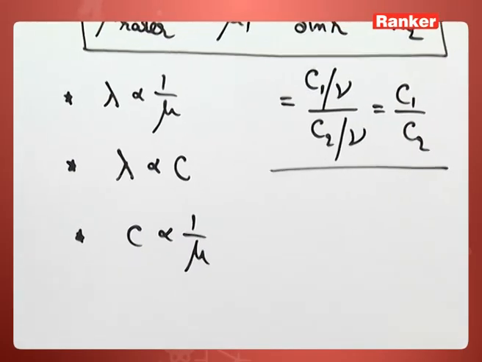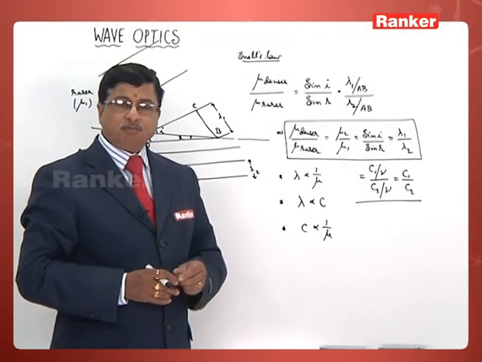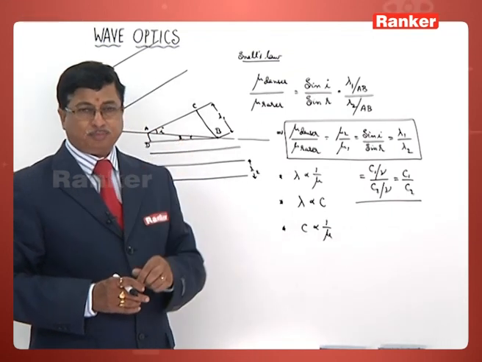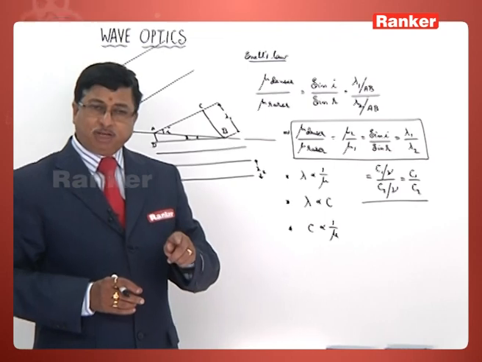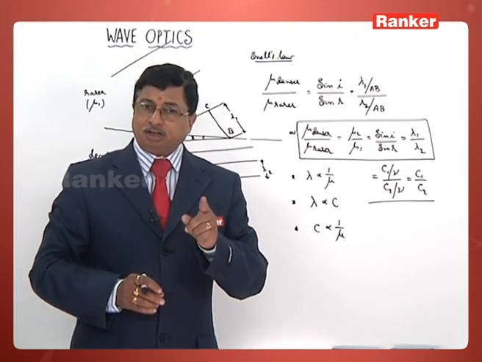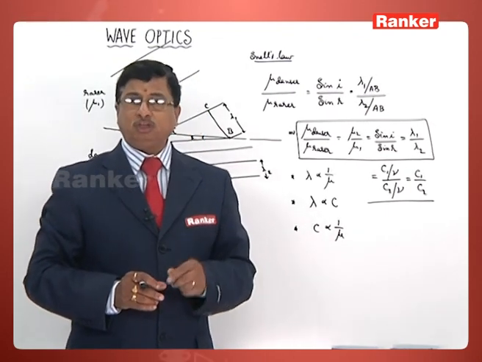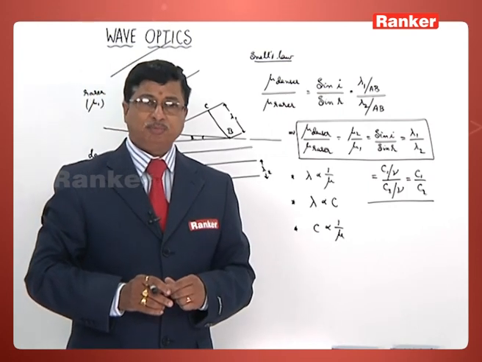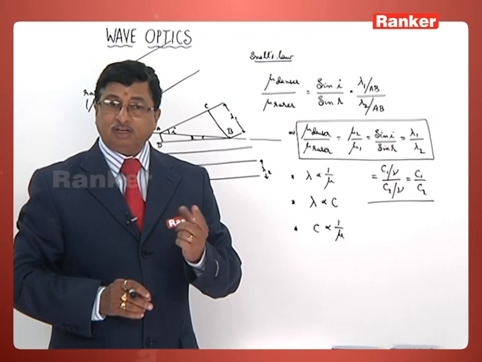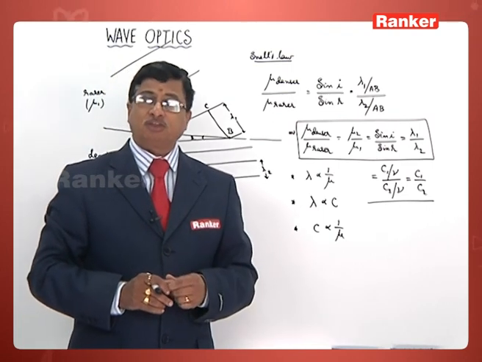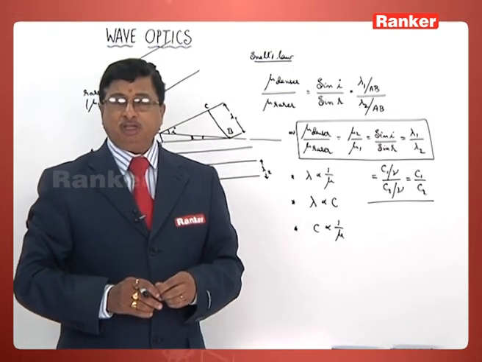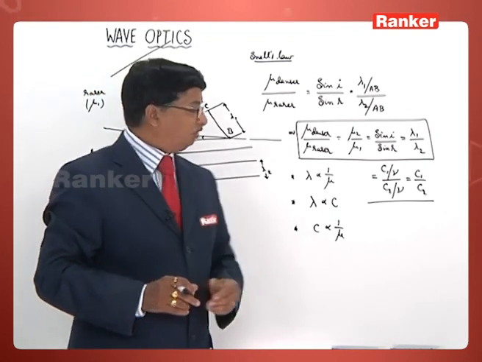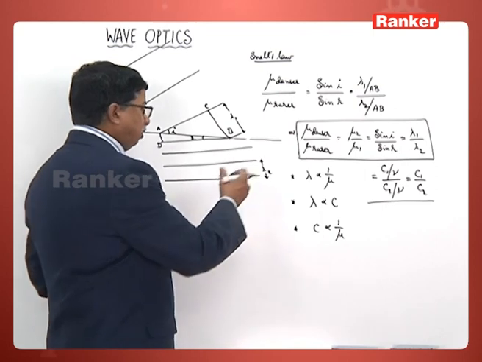One example we can take up: the velocity of light in air is 3 into 10 power 8 meters per second. Similarly, the velocity of light in water is around 2.25 into 10 power 8 meters per second. Whereas the velocity of light in glass of refractive index 3 by 2 will be 2 into 10 to the power 8 meters per second. So you can directly imagine three different values.